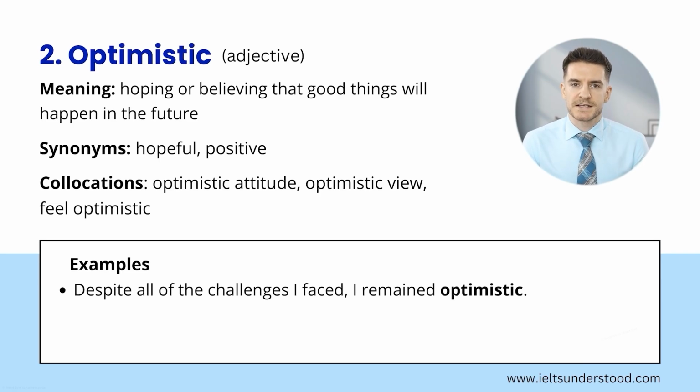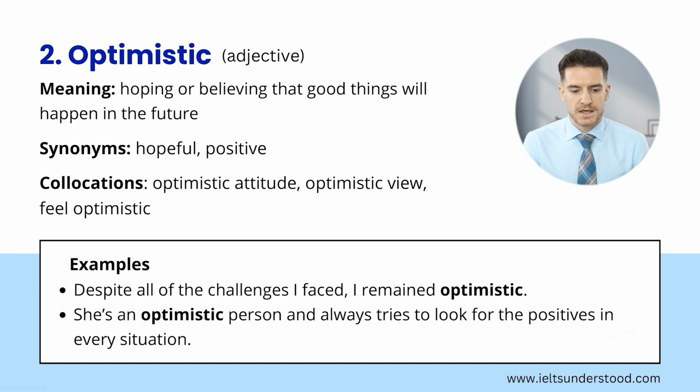So this means, yes, I had lots of problems and maybe lots of negative things, but even though I had all of those things, I still tried to have positive thinking or be hopeful about the future. And the second one is, she's an optimistic person and always tries to look for the positives in every situation. And this is a great way to use the word optimistic.